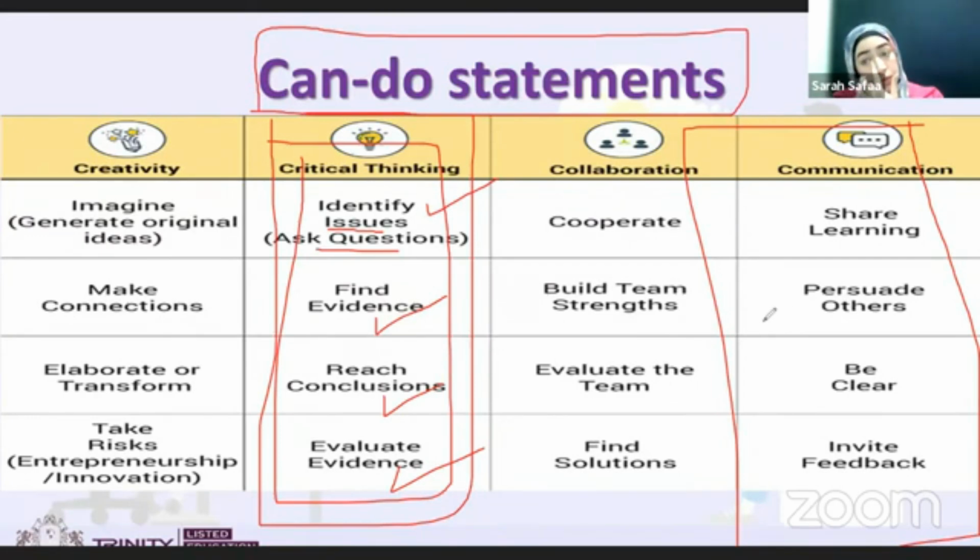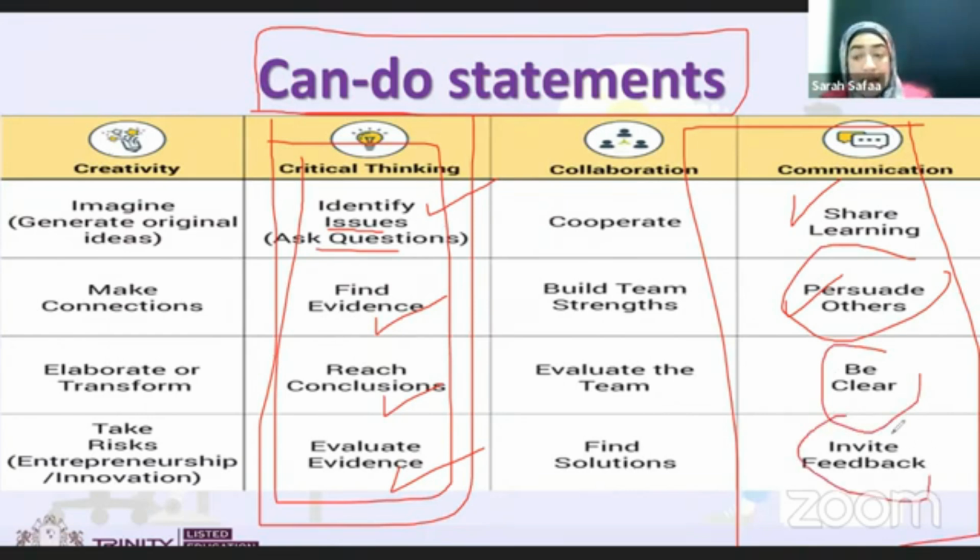So let's go to some of the can-do statements of the communication skills. So share learning, persuade others, be clear. Is he clear? Can he invite feedback, like ask for feedback and receive feedback or not? This is part also of the communication skills.